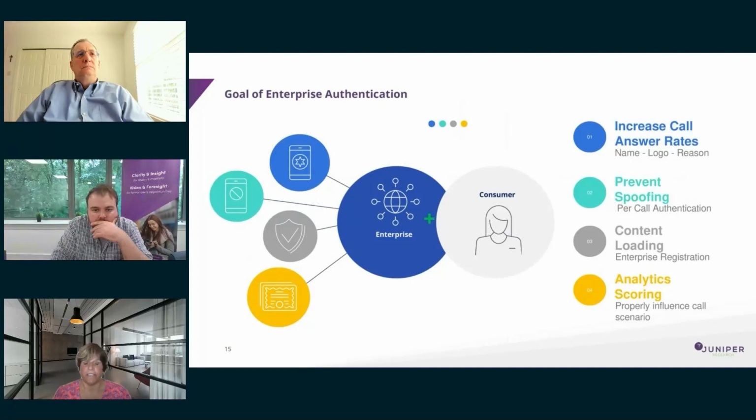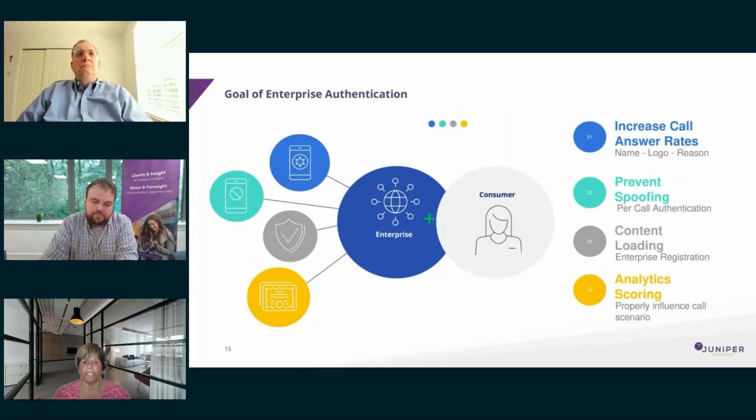Preventing spoofing, again, when people do answer the phone, we want to make sure that they're trusting that call. So with authentication, they can in fact trust that telehealth appointment is from their physician. They can answer it, and it has been authenticated.